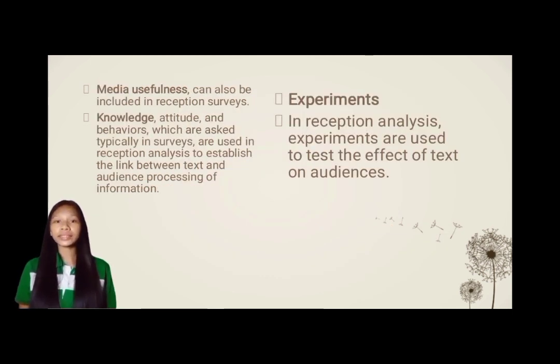Media usefulness can also be included in reception surveys. Knowledge, attitudes, and behaviors, which are typically asked in surveys, are used in reception analysis to establish the link between text and audience processing of information. Experiments. In reception analysis, experiments are used to test the effect of text on audiences.